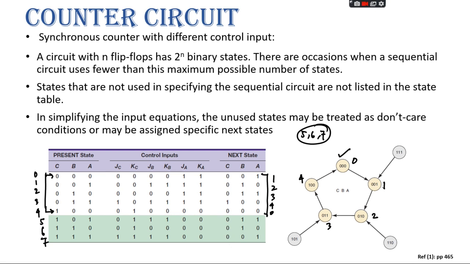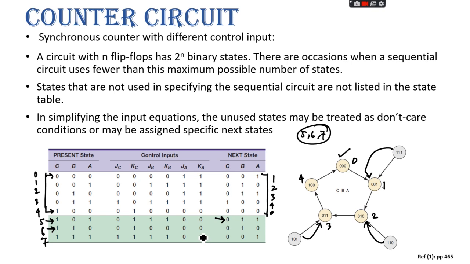don't care condition, or in this figure what they say, whenever you have 5, it should go to 3. Whenever you have 6, it should go to 2. And whenever you have 7, it should go to 1. So in that way, as you can see, when it is 5, it is going back to 3, right?